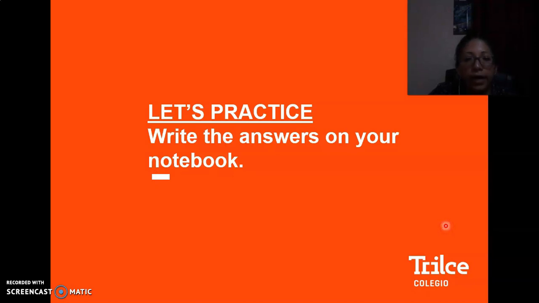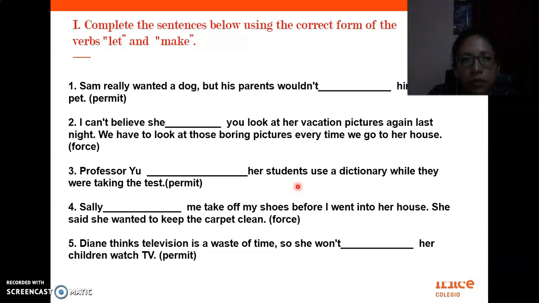Now, exercises. Let's practice. Write the answers in your notebook. Block 1. Complete the sentences below using the correct form of the verbs let and make. What means the correct form?